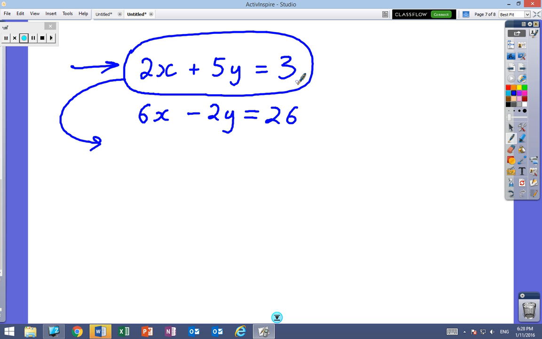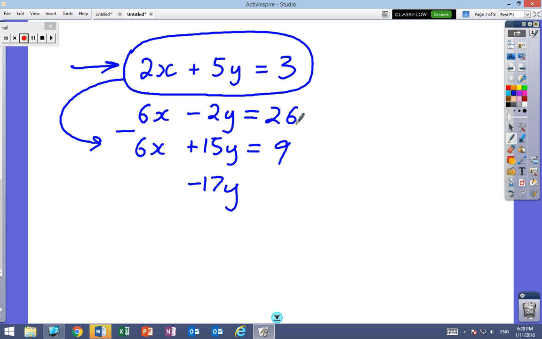So I'm going to multiply everything by 3, and that makes 6x plus 15y equals 9. This is still the same equation. I've just blown up both sides by a factor of 3. Now, the x's are the same size. I can use that process, in this case minus the x's. I'd have to minus the y's, so minus 2 minus 15 is minus 17.